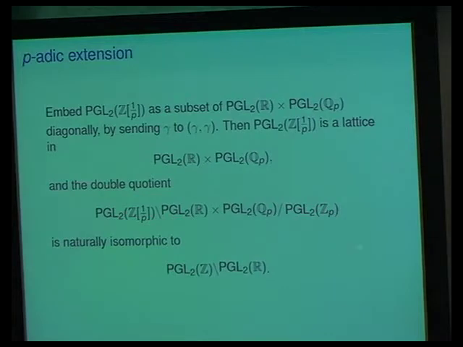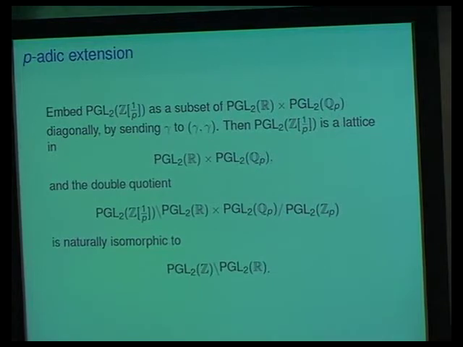You get this double coset space, and that's nothing but PGL2(R) mod PGL2(Z), which is the unit tangent bundle of the modular surface. So we wrote things that look more and more complicated, but in the end we have still the same space.